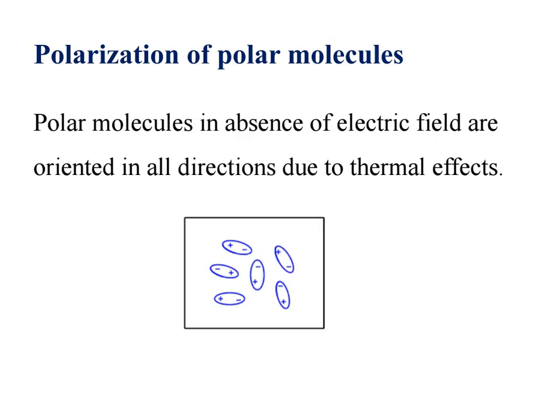Let's take a polar molecule. And polar molecule, in the absence of electric field, is oriented in all directions due to thermal effect. And I have shown in the figure already which is having a dipole moment.